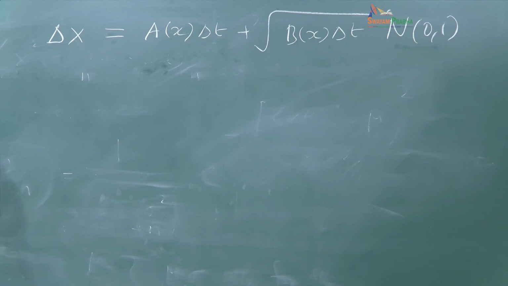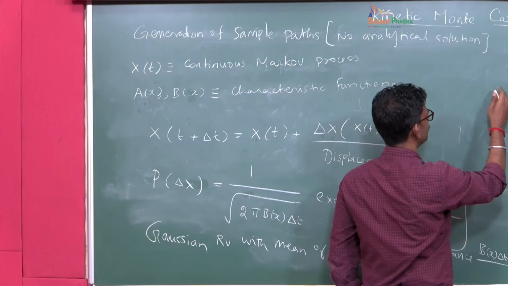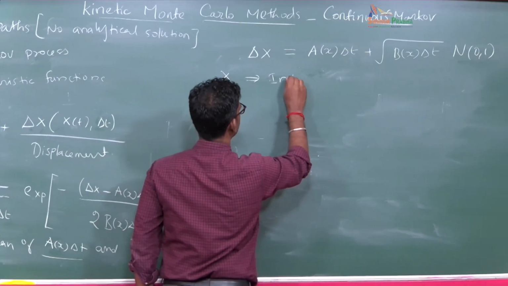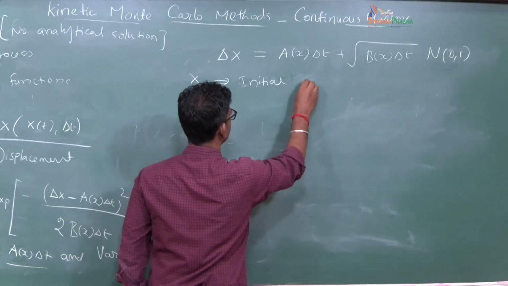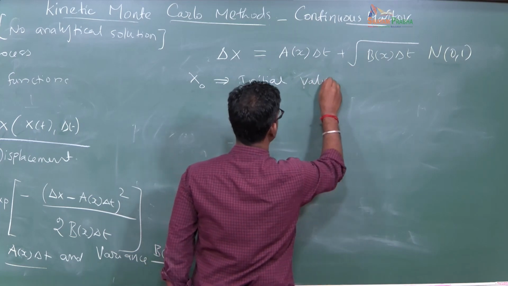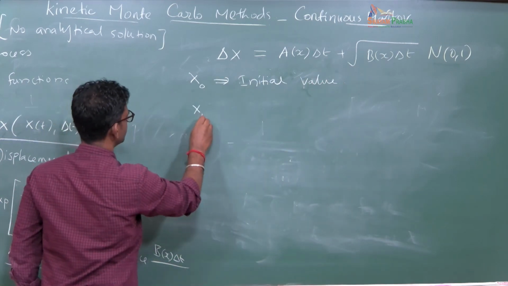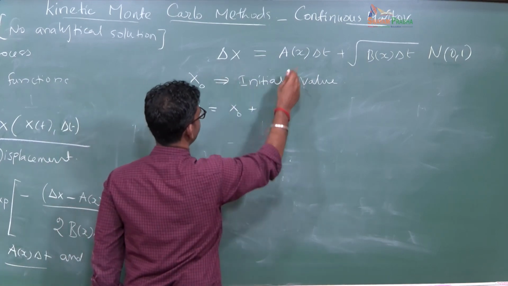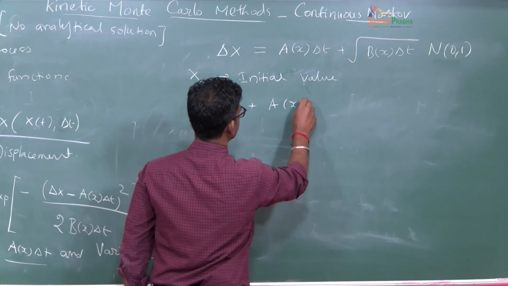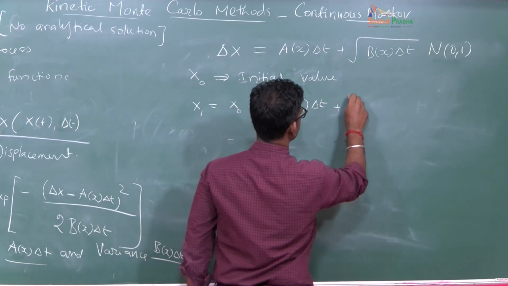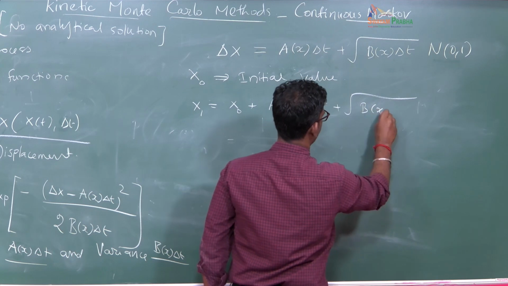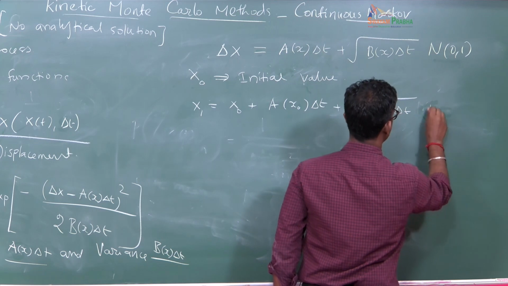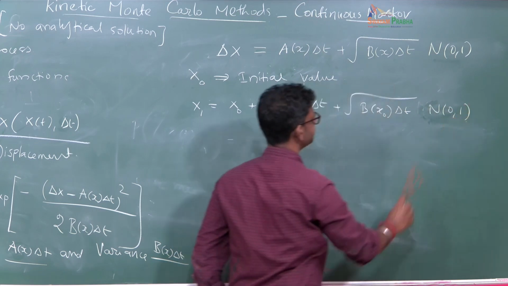Once you have this displacement, it's very easy to follow. Let's say x naught is the initial position or initial value of x, and then you would write x1, that is at time delta t, as x naught plus delta x, which is nothing but a of x naught delta t plus square root of b of x naught delta t times n of 0 comma 1.